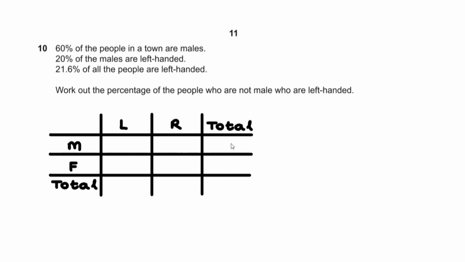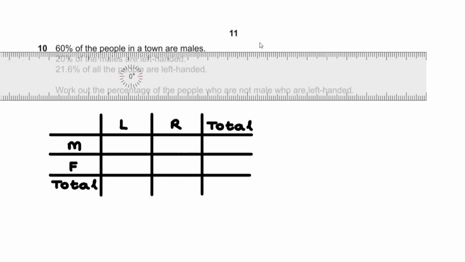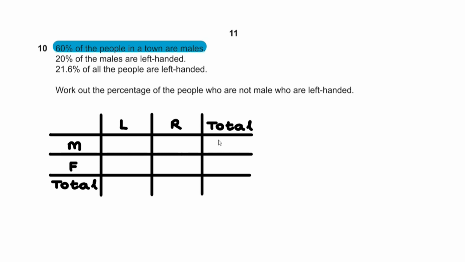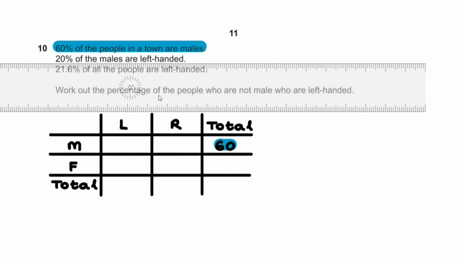The total number of males we have is 60%. That's what's told to us in the question. So we have the total for males being 60. We are then told 20% of the males are left-handed.